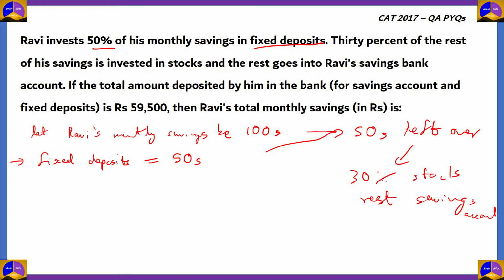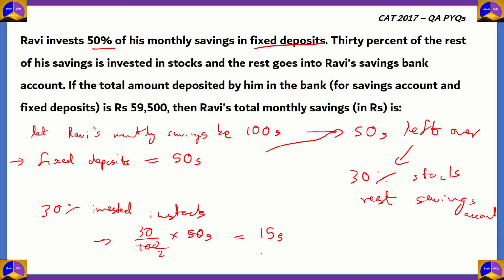All right, now the 30% that we're talking about here is from the 50s. So 30% invested in stocks is equal to 30 divided by 100 times the leftover money, which is 50s. So 50 goes into 100 twice, and 30 over 2 gives you 15, and then you can multiply the s to it.